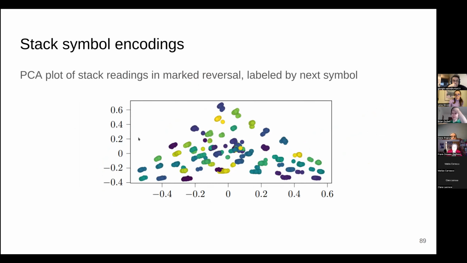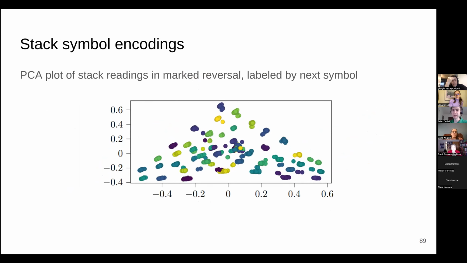So this raises the question, what the heck is going on with the marked reversal language? How is it able to memorize 200 different symbol types if it only has 3 different stack symbol types in the PDA? So again, the stack reading that's returned to the controller is just a vector of probabilities. So we thought maybe it's being used to encode different symbol types in a vector space.